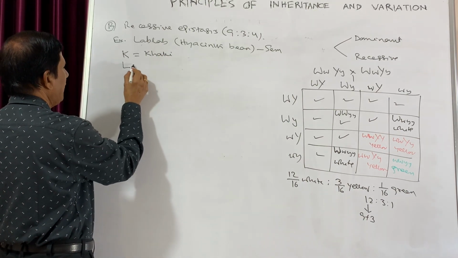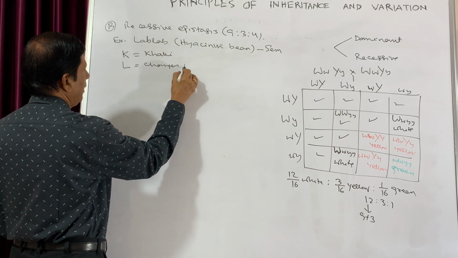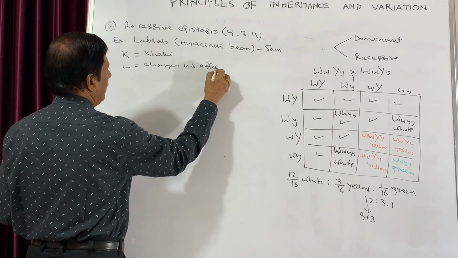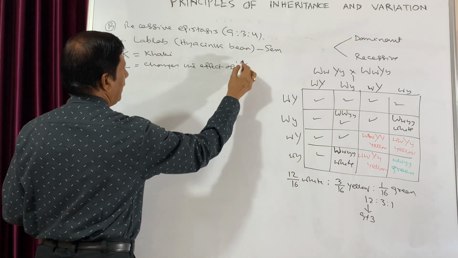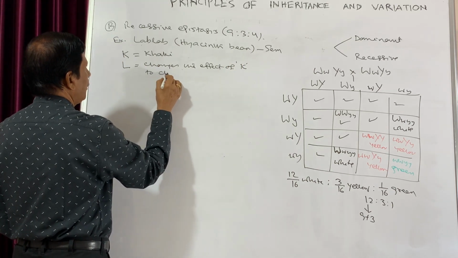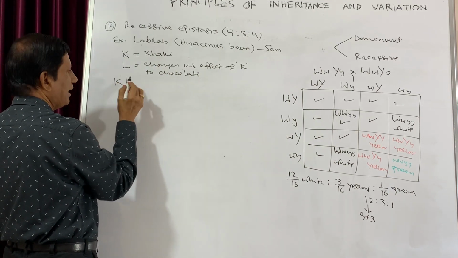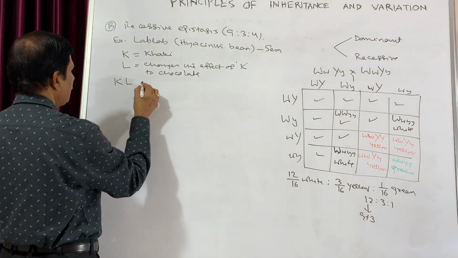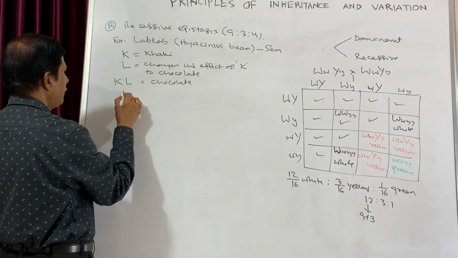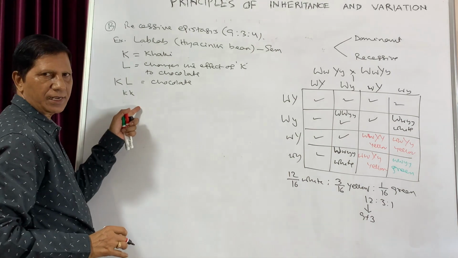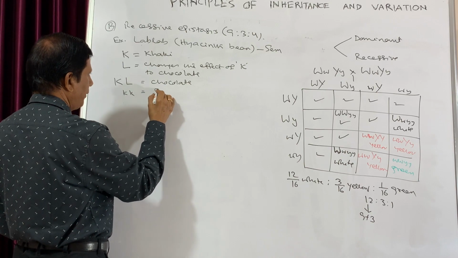Then when capital L is present, it changes the effect of K, which is responsible for khaki color, to chocolate color. That means when both capital K and capital L are present, they give rise to chocolate color. And when this k is present in lowercase, then it will give rise to buff color.